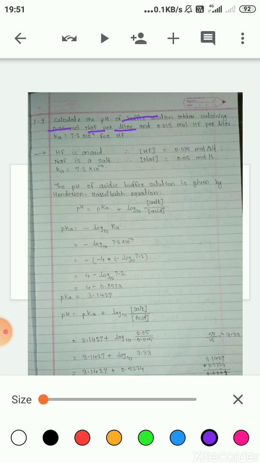That means the number of moles of sodium fluoride per liter is nothing but the concentration of that particular solution.